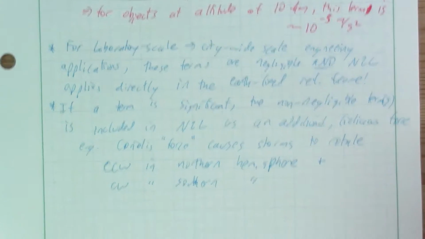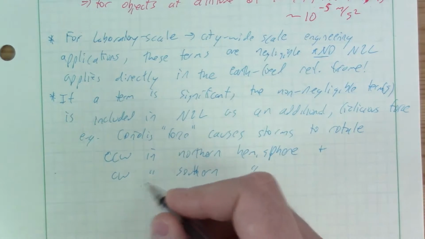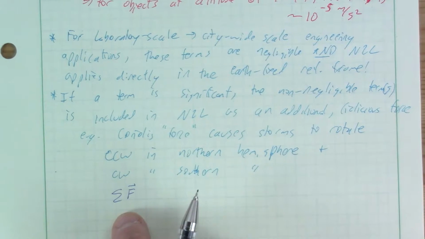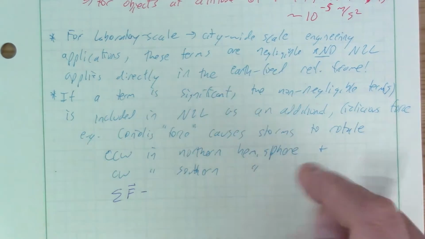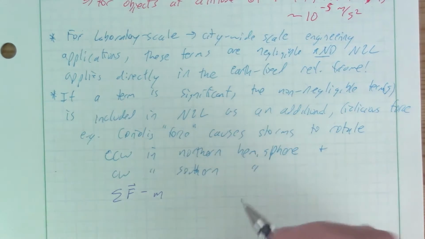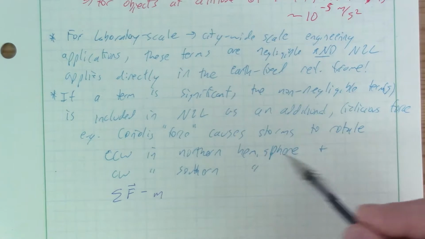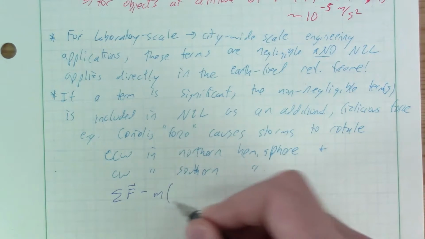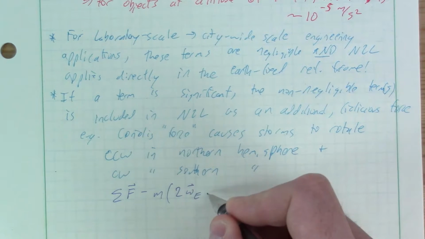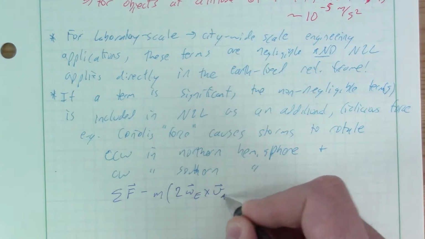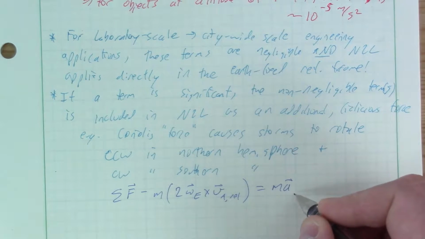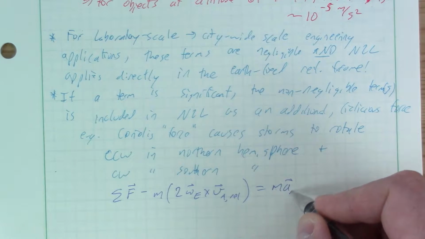So let's see how this works, right? What happens here is we modify Newton's second law to say, well, sum up the forces that are actually on the object. So like little particles of the clouds and the little particles in the air, and they then accumulate to make these big storms, let's say. The energy up there. And then we add this term on the left-hand side as an additional force. And then this equals mass times acceleration, A relative.